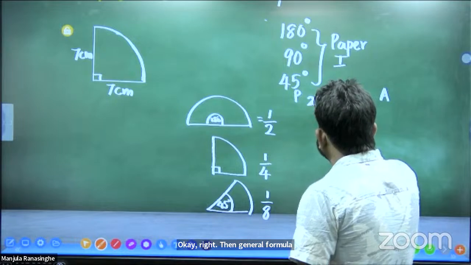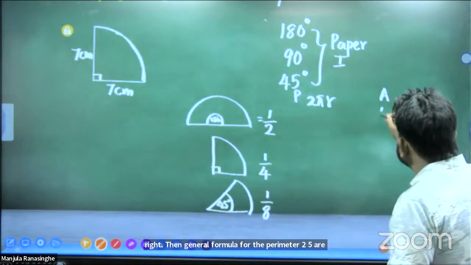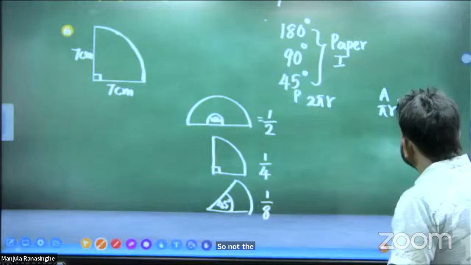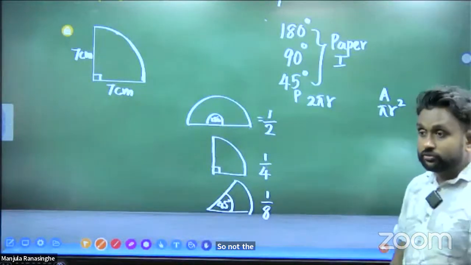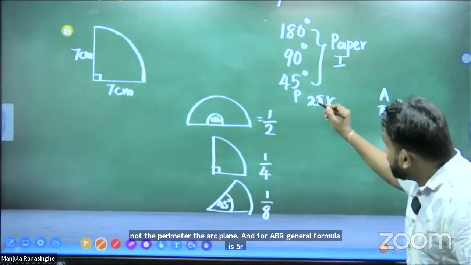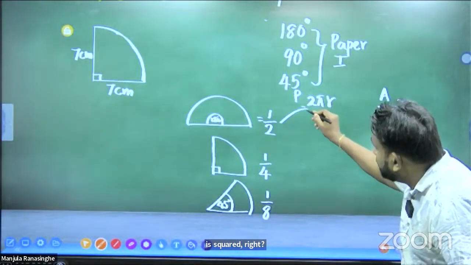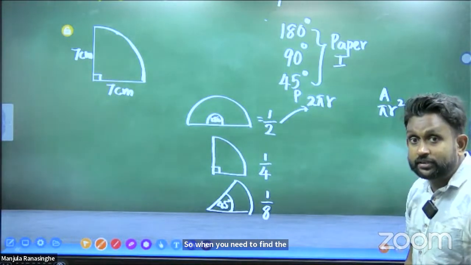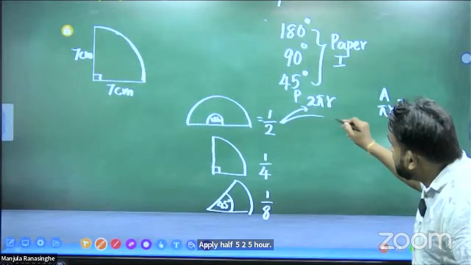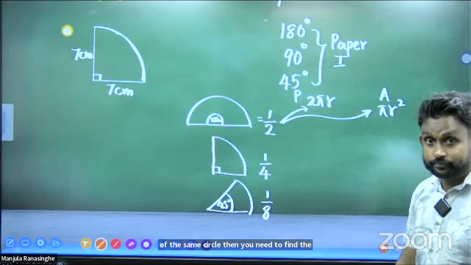Then the general formula for the arc length is 2πr, and for the area it is πr squared.